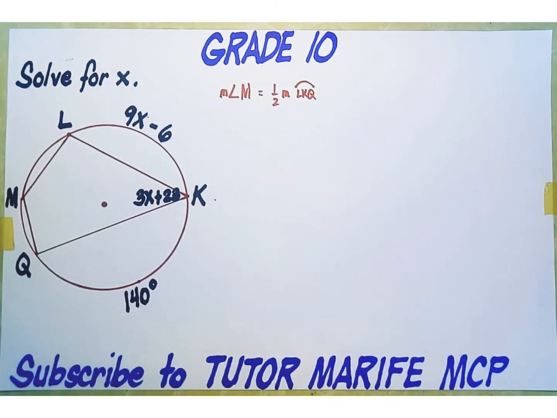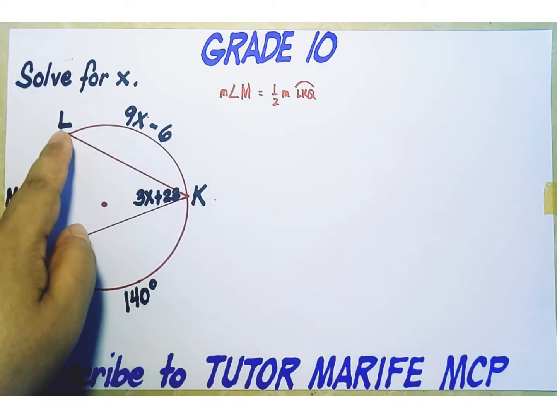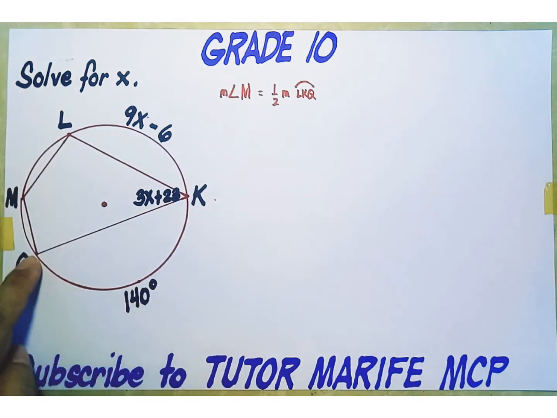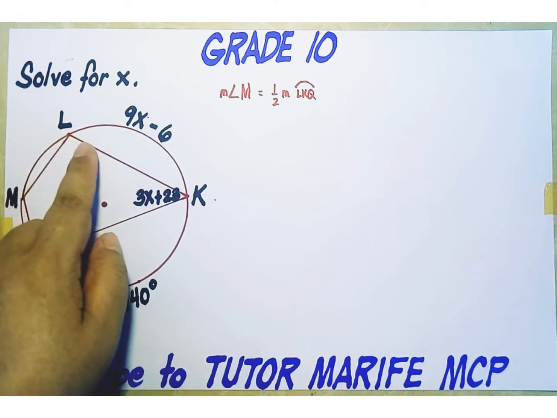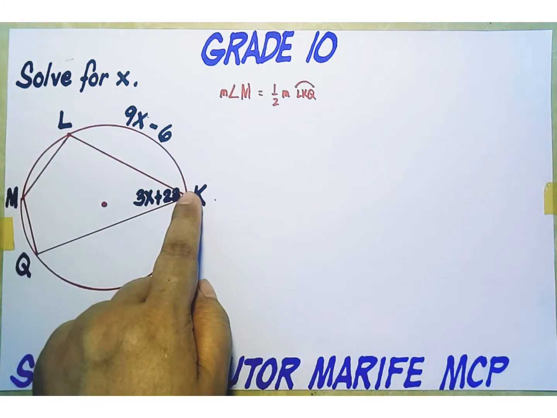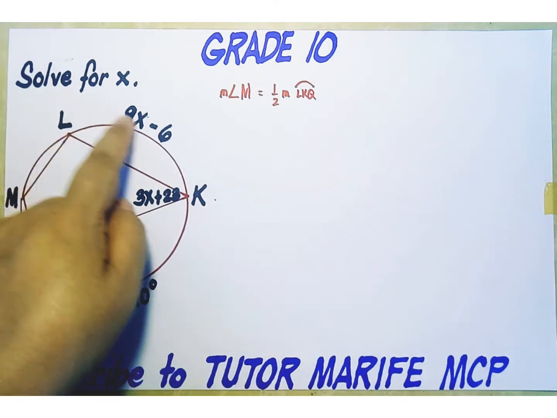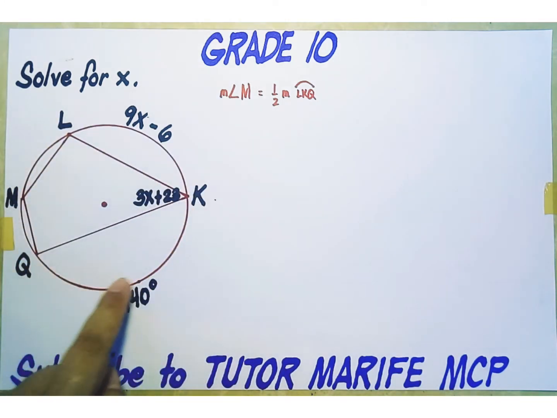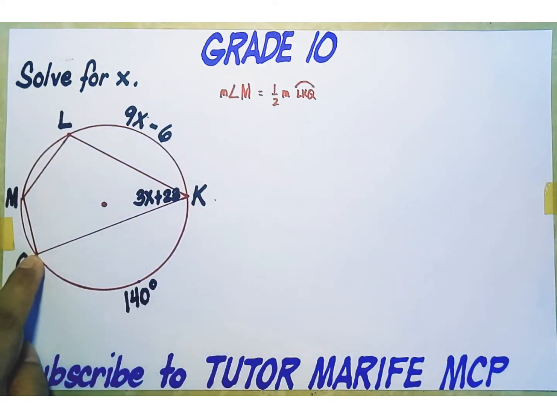Okay? We don't know the exact measure of arc LKQ. But we can see that arc LKQ is composed of two smaller arcs. We have arc LK and arc KQ. So we can say that the sum of these two smaller arcs is equal to arc LKQ.